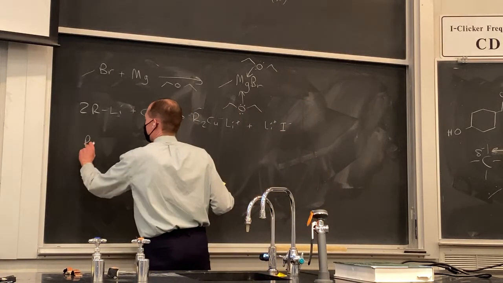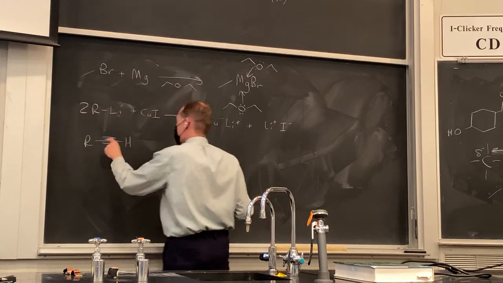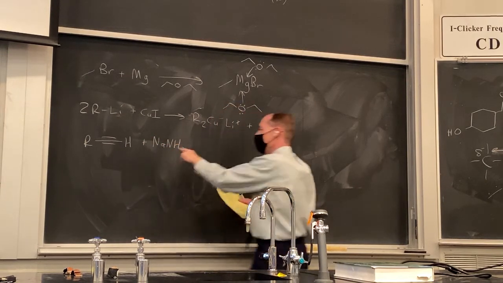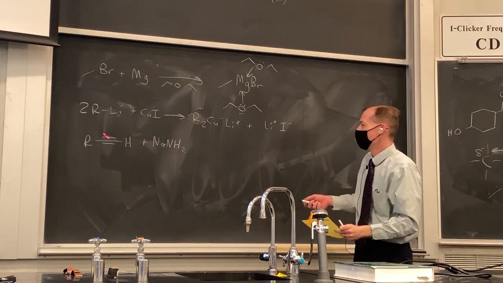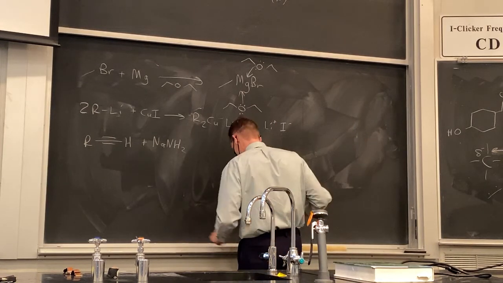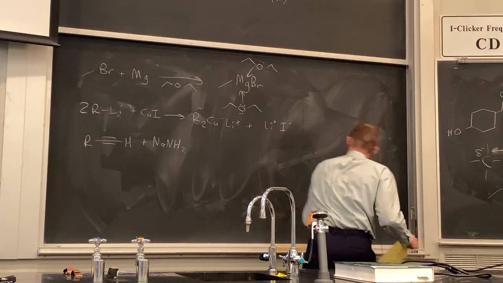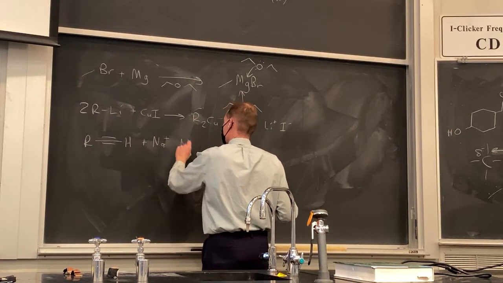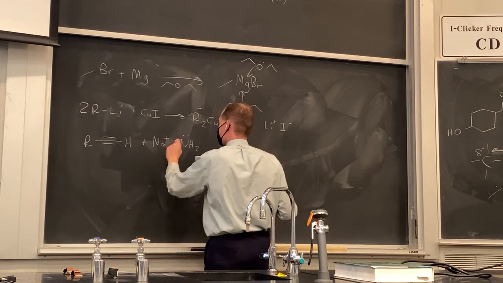We took terminal alkynes. We reacted them with sodium amide, NaNH2. We deprotonated. Maybe I should go ahead and draw the mechanism out here. So let me draw our NaNH2 like this.